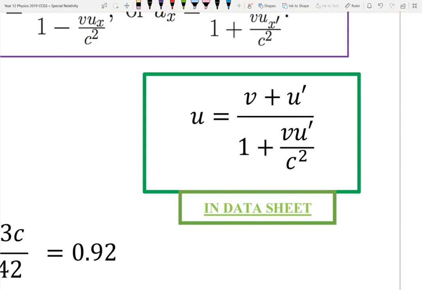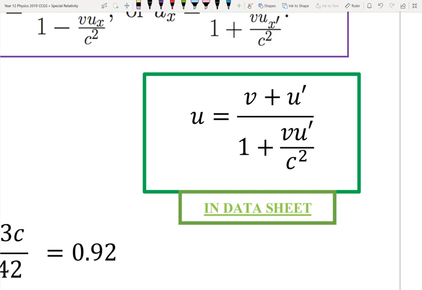We've got v times u prime divided by c squared. This is a really cool equation that will always divide such that the denominator is larger than the numerator. So if the numerator was 1.3c, boom, it's going to be divided by a value bigger than that. It brings our speed back to under 1c.